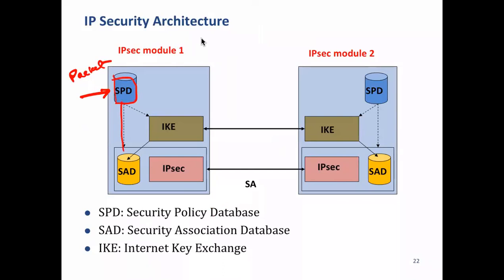And then it gives the index of the security association for that logical connection. Okay, so it means through this policy database we come to a security association database, and we see if the data is going to IIT Goa, then what kind of encryptions are to be used and so on and so forth based on the security association.